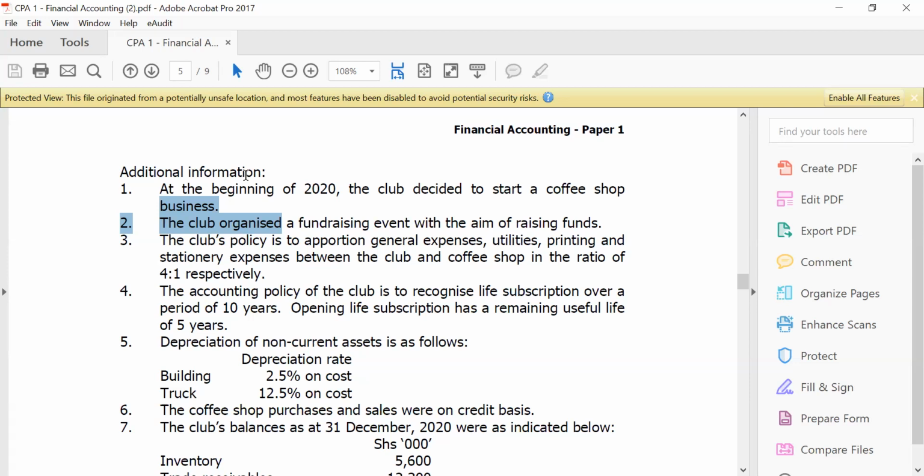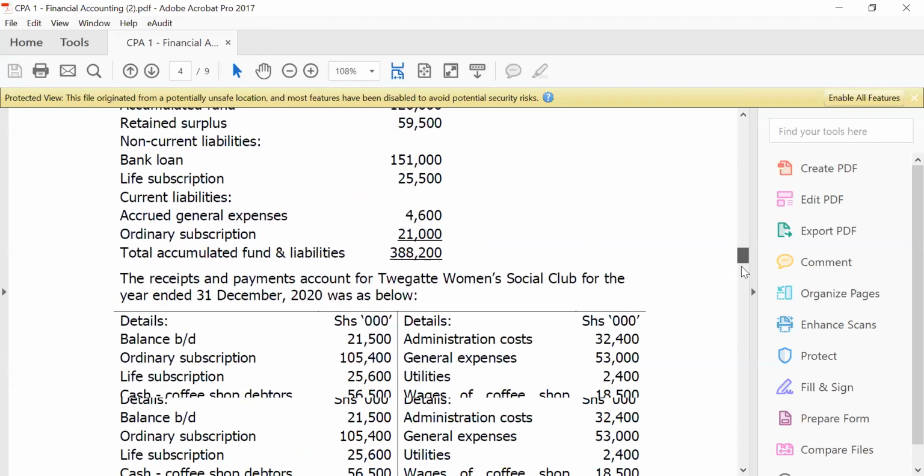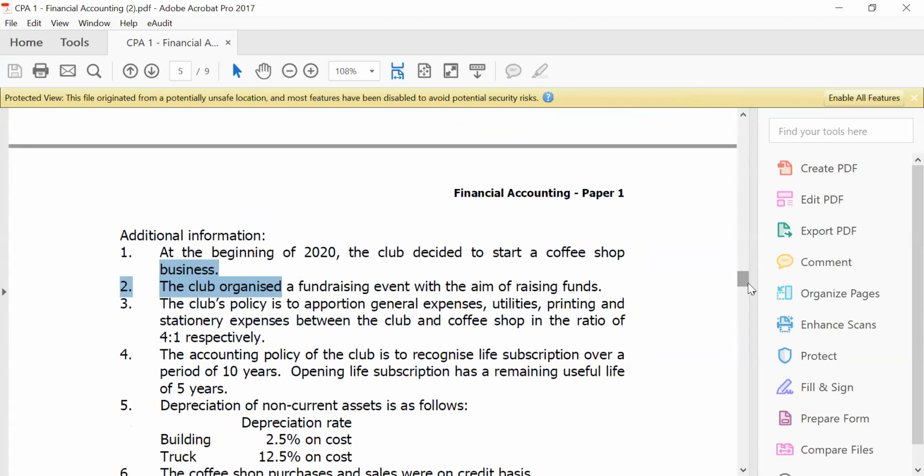Like I said, not-for-profit organizations stand not to make profits, but they may start profit ventures in order to sustainably generate some income that can keep them going. So they started the coffee shop in 2020. That's why even when you look at the balance sheet they started with, you will not see any detail relating to coffee shop in this balance sheet. So they started this year of 2020.